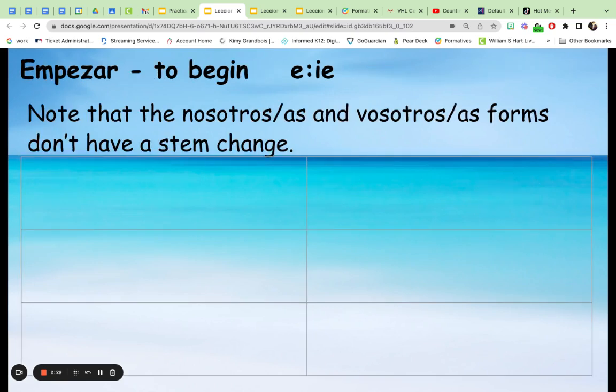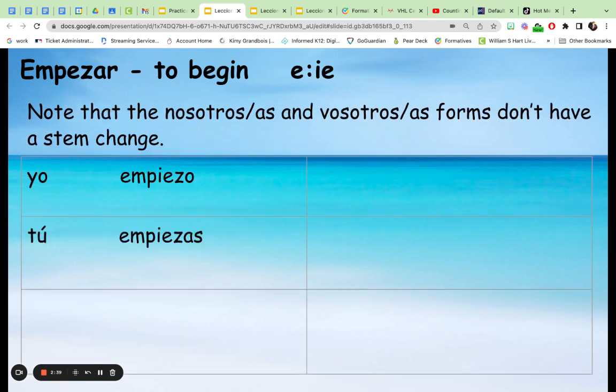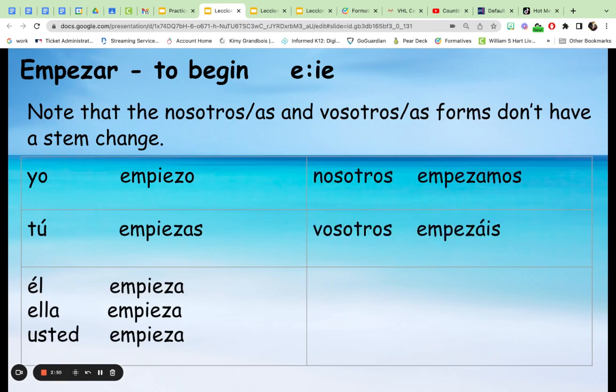Okay, empezar. Empezar means to begin or to start. It is an E to IE stem changing verb. Yo empiezo. Tú empiezas. Él empieza. Ella empieza. Usted empieza. Nosotros empezamos. Vosotros empezáis.